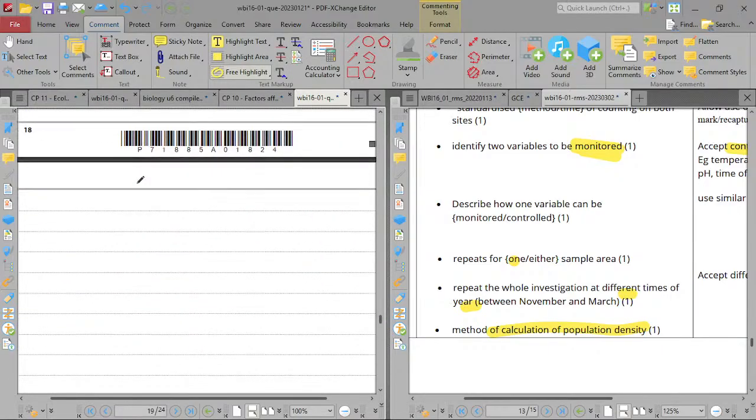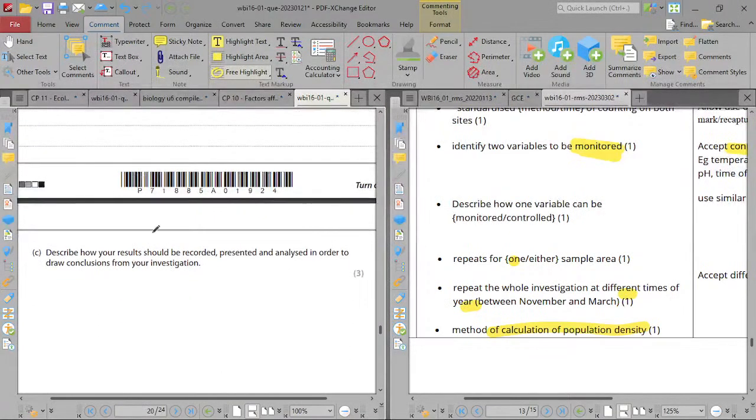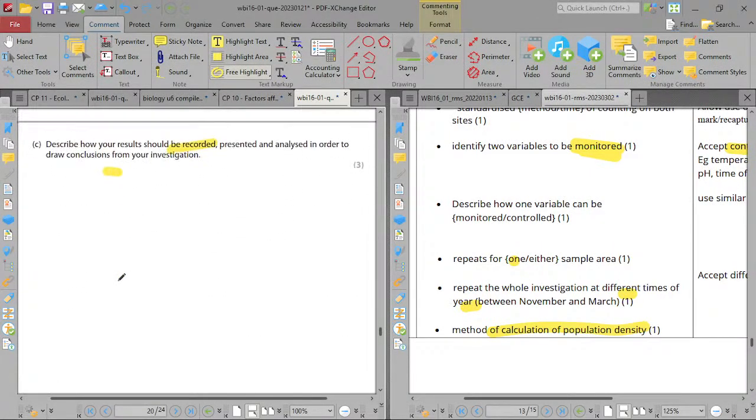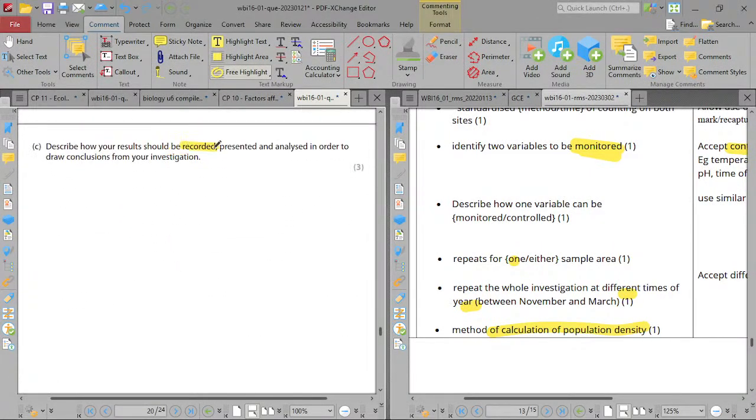This is it. Now, how do we do this? So record all raw data. Record raw data on a table with headings and units and means from the repeat experiments.